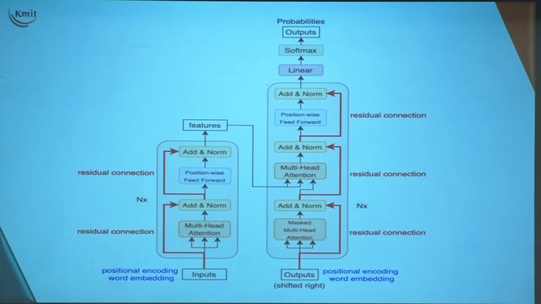After that, what do you see? Multi-head attention. Again, add and norm. After that, we have the feed forward network. So what is the new thing that you're observing here? Masked multi-head attention. Are you clear with this? What are the three sublayers inside the decoder? Masked multi-head attention, multi-head attention, and feed forward.